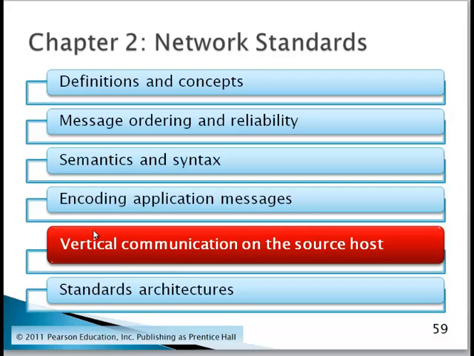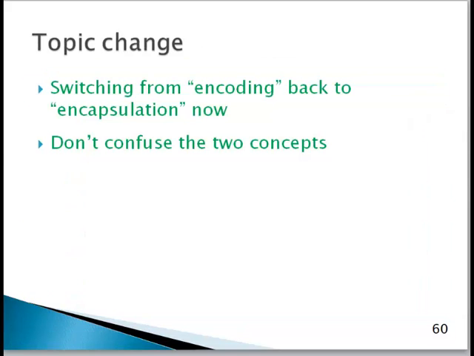So in the book, it's confusing to me because it starts off talking about encapsulation and message ordering, reliability, semantics, and syntax, and then encoding, and then it goes back to wanting to talk about encapsulation. So at the end of the chapter, it ends up where it starts. So this phrase, vertical communication on the source host, really, this is just encapsulation again. So that's why I had the slide in here kind of warning everybody that we're changing topics yet again.